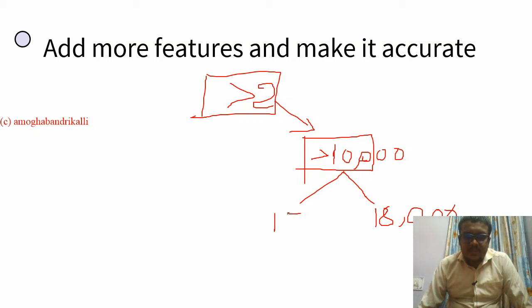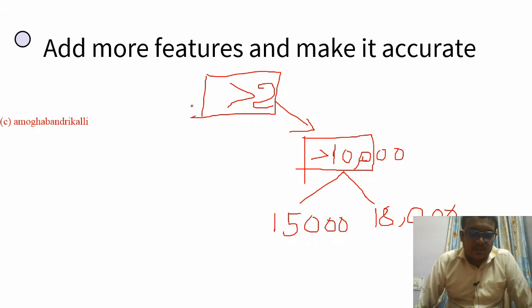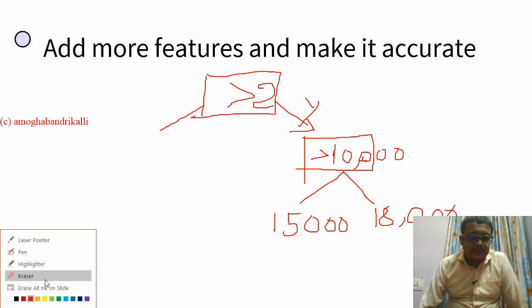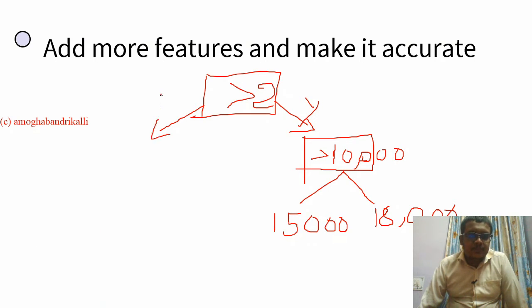If it is less, we are seeing it around 15,000. So if a bedroom count is less than that, this is the true condition, and this is the false condition.